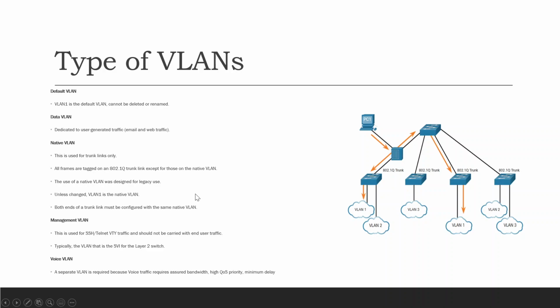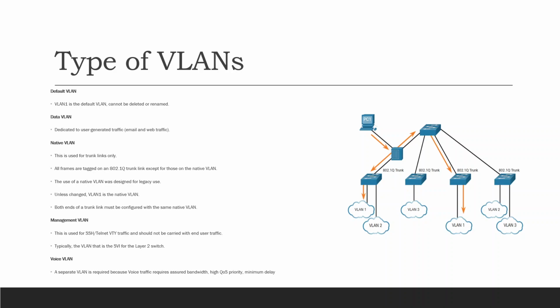The default native VLAN is VLAN 1, but we can change the native VLAN to another VLAN. When we change the native VLAN on one side of the connection, we need to change the native VLAN on the other side of the connection as well. Otherwise, we will receive a native VLAN mismatch message.